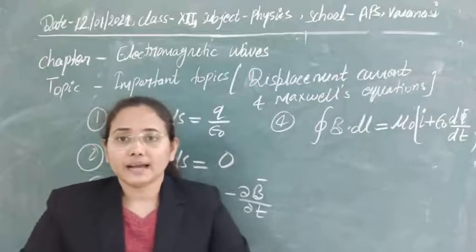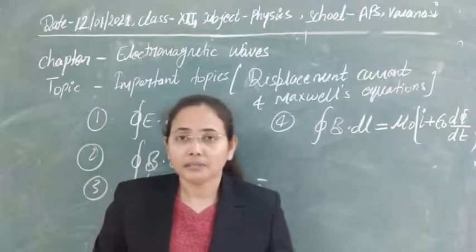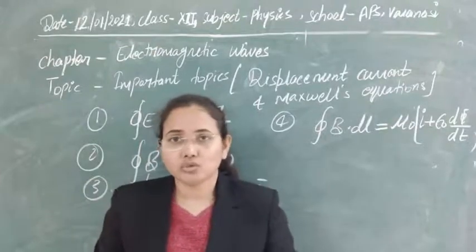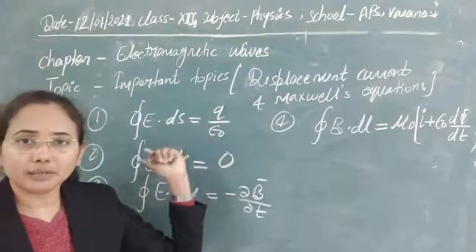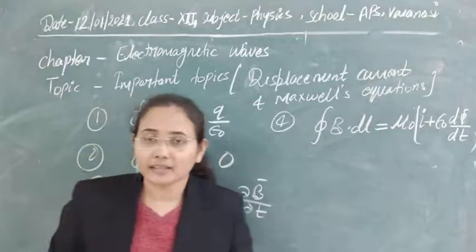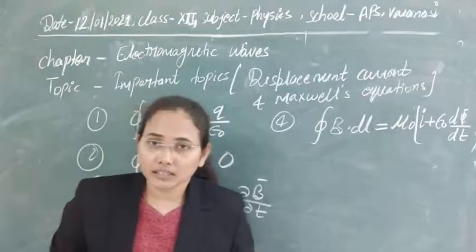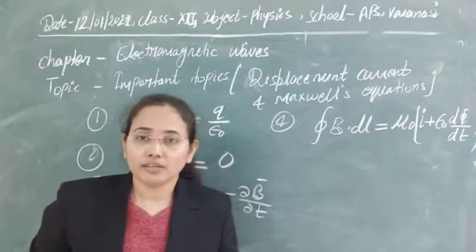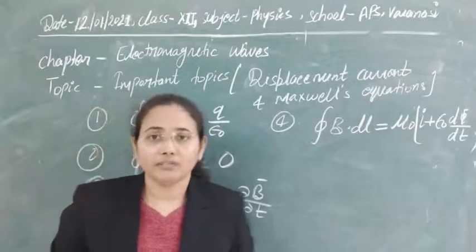So whenever you take different media, the permittivity of the medium will also change, and depending on that you can use that permittivity in this formula. For a dielectric, the permittivity will be different, for a conductor it will again be different, and while using a plasma medium, again the permittivity will change.